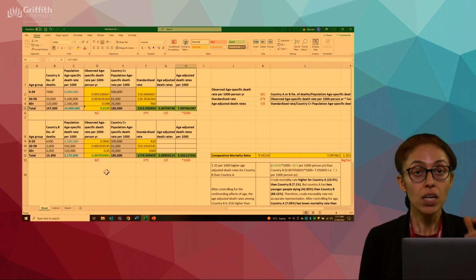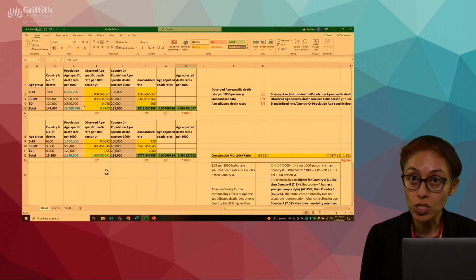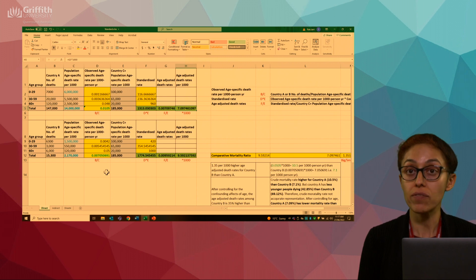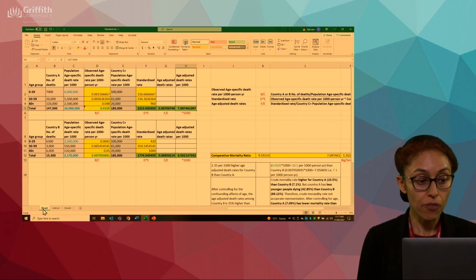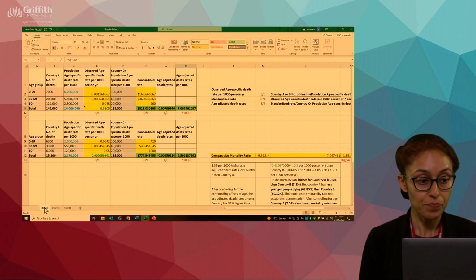Again, remember, this is not part of any assessment. This is only for students who are more interested to understand the underlying mathematics which goes behind the calculation of standardized rates. So the first one which I am looking at is the direct method of standardization.